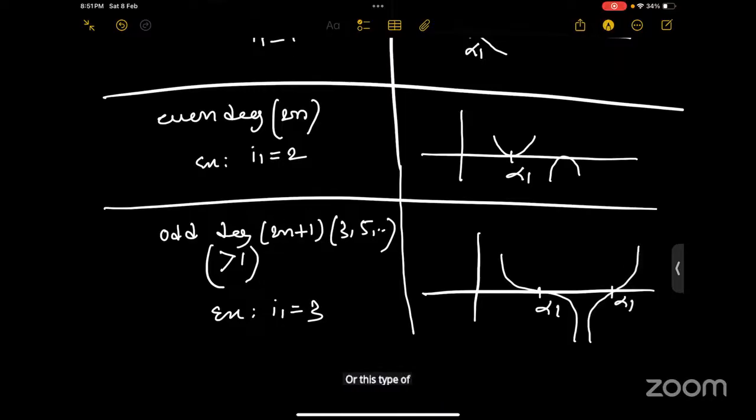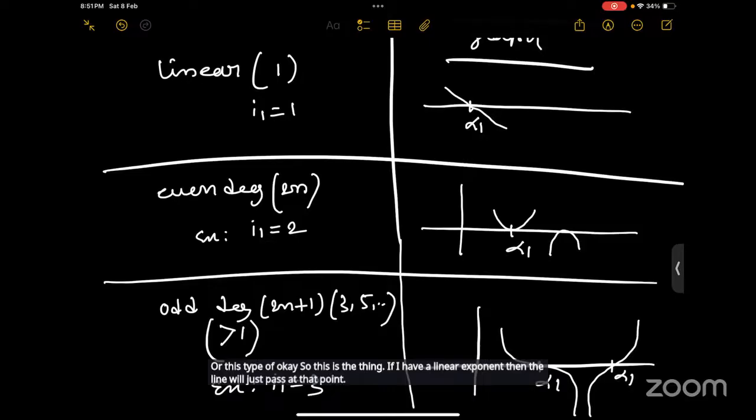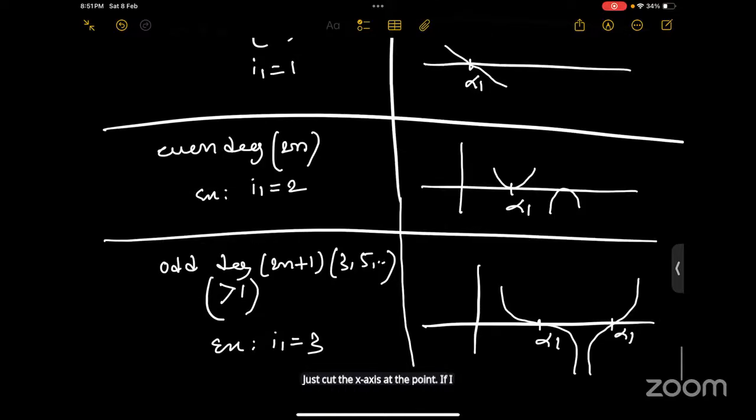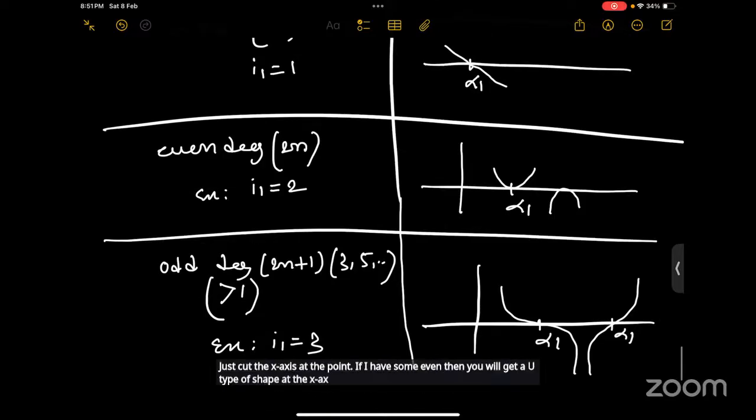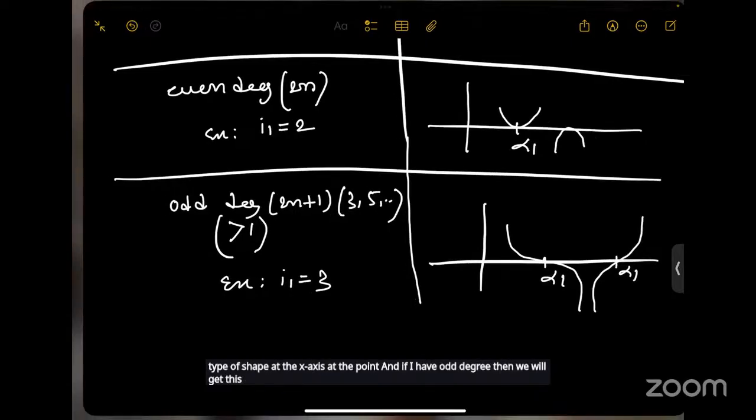So if I have a linear exponent, the line will just cut the x-axis at the point. If I have an even exponent, we get a U type of shape at the x-axis at the point. And if I have an odd degree, then we will get this type of shape at the point.